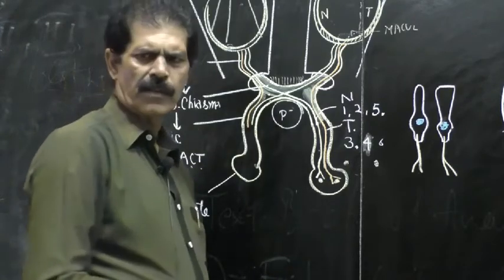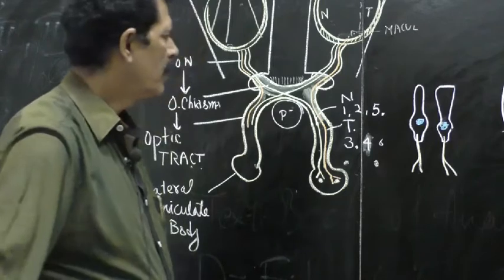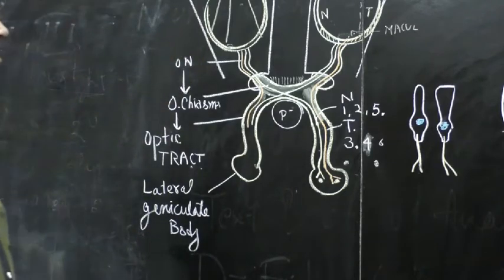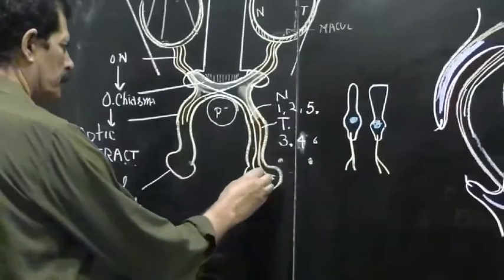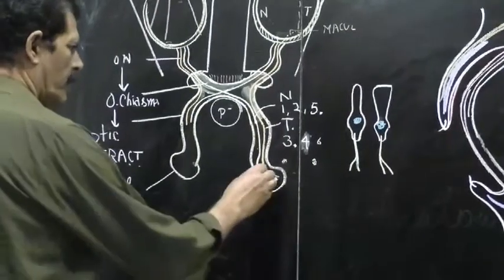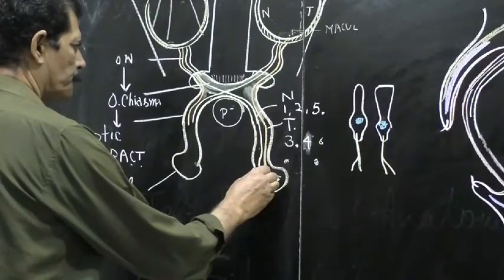So this is how they terminate here. After termination in the lateral geniculate body of the thalamus, these fibers start their further journey.